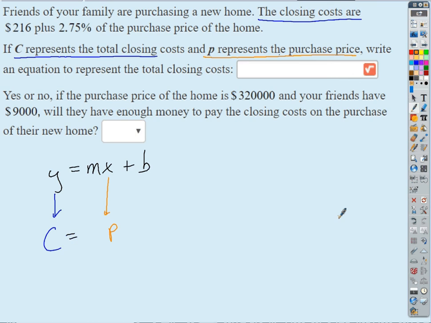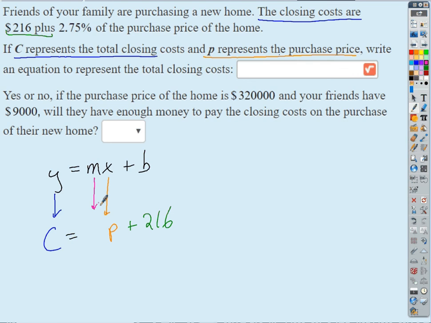The start value or the fixed cost, what was that? 216. Okay, so here we got the 216 plus, that's telling us that. And then the very last part is, what's M? M is the number that's being multiplied by the input. Okay, there it is right there, right?